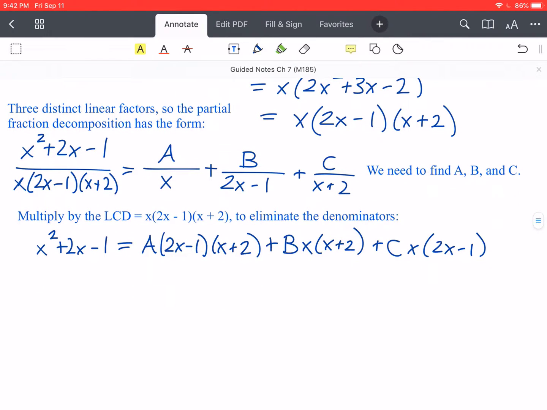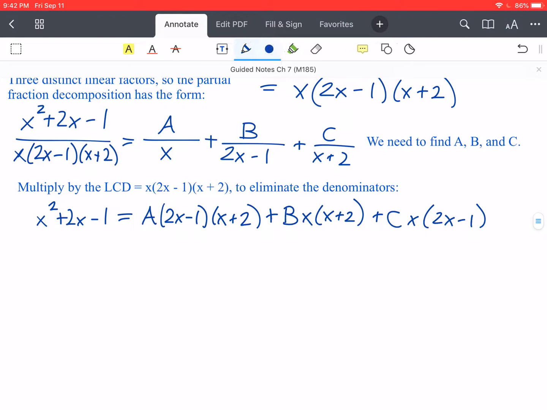Okay. Once we set it up this way, let's go ahead and just multiply everything out, so that we can do a little regrouping in just a minute. I'm going to leave this side alone throughout most of this simplification. So we're going to have 2x squared plus 3x minus 2, all of that times A. So we're going to have 2Ax squared plus 3Ax minus 2A.